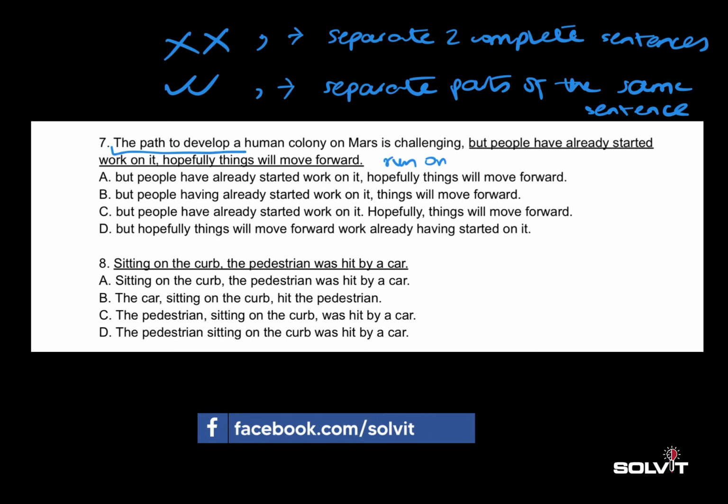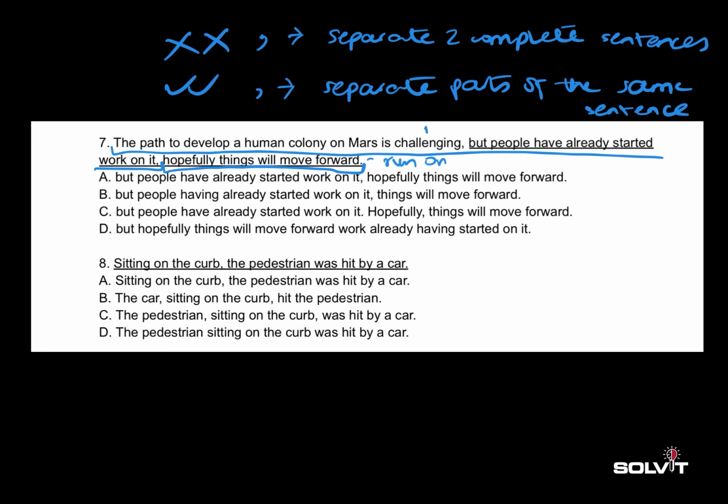Now, this entire thing is one sentence, till here. And the second sentence is, hopefully things will move forward. So that was one, this is two. Now you see these are two long sentences and they have been forced into one sentence. So clearly this is a run-on sentence. What they've done is they have used commas to separate these sentences, which is incorrect. We cannot do that.